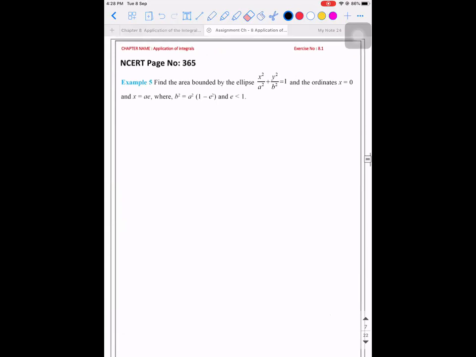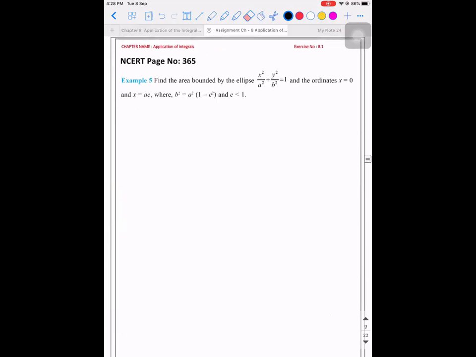So moving on to the next one. Find the area bounded by the ellipse x square by a square plus y square by b square is equal to 1, and the ordinates x is equal to 0 and x is equal to ae. Any idea about what is this x is equal to ae for an ellipse?